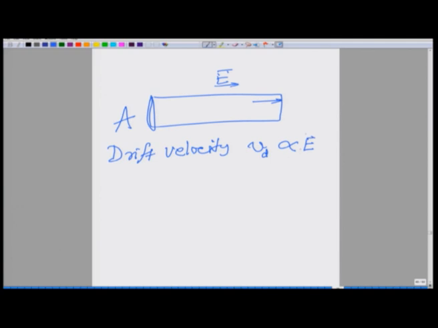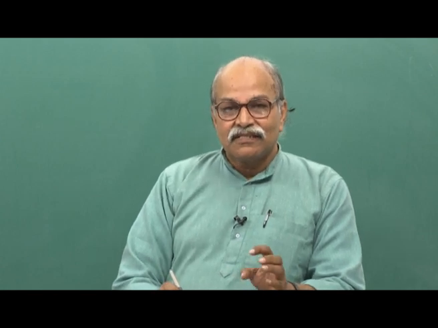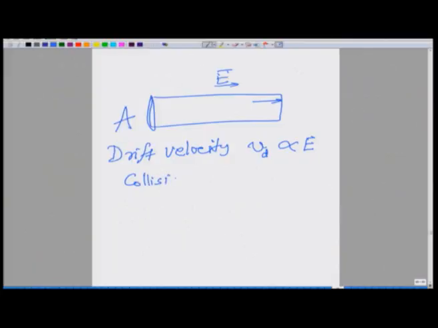And what is this proportionality constant? That also you know how to calculate. If you take a very rough model between two successive collisions, if the time is collision time, let us say tau, average collision time, then during this time the electron moves and it will have an acceleration which is force divided by mass, and therefore, the velocity acquired will be E times E over m and then this tau.